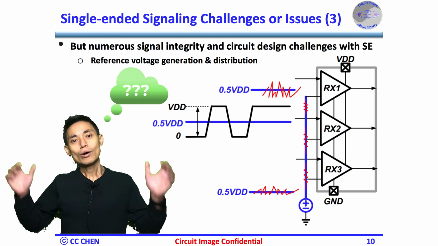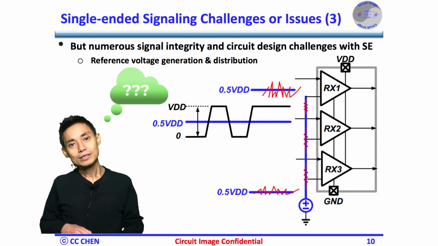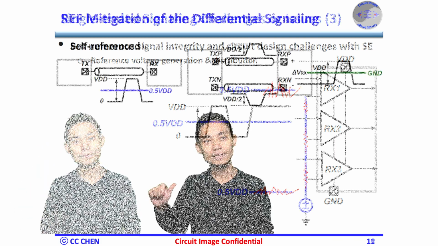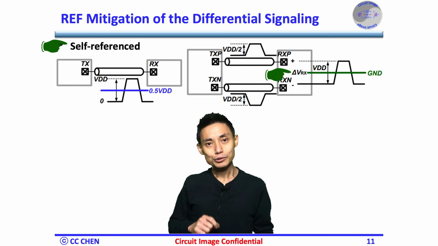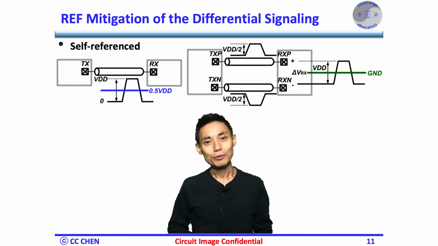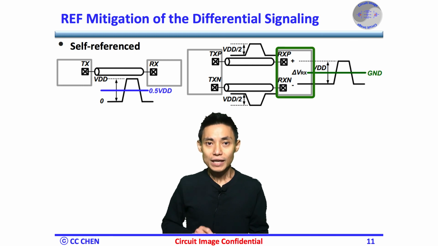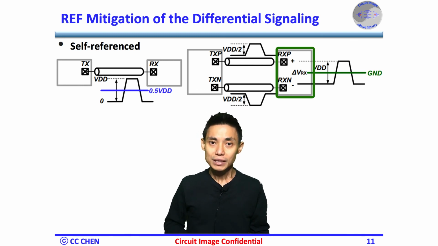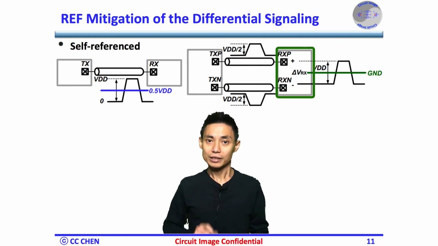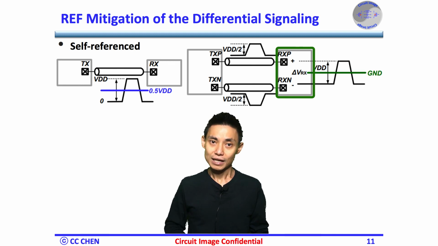Lastly, what is the differential signal reference? The last one you should have is a good reference image in your head. Yes, the 0 voltage is the reference level for differential signaling. For example, the polarity of delta Vx would be TXP minus TXN, which is a logical 1 if the delta Vx is greater than 0, and vice versa.